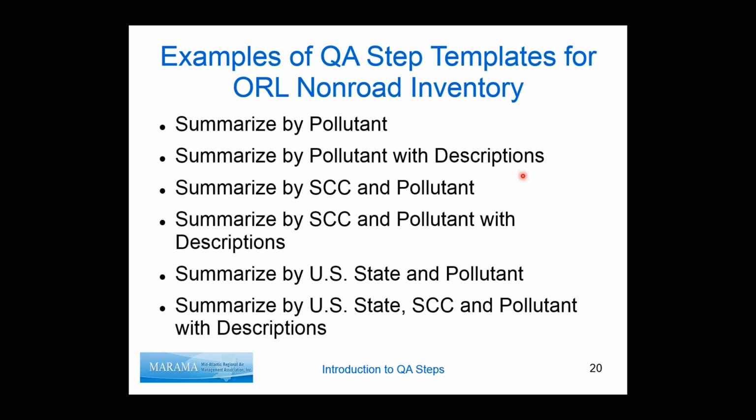I'll talk about the descriptions in just a second, but you can get more specific, like summarized by SCC and pollutant, or summarized by state and pollutant. There's other ones like summarized by state, SCC, pollutant, all the different combinations you can think of. They may not all be in there as templates, but we're going to see how you could take a template query and tweak it to your own purposes later. But the templates are a great place to get started.